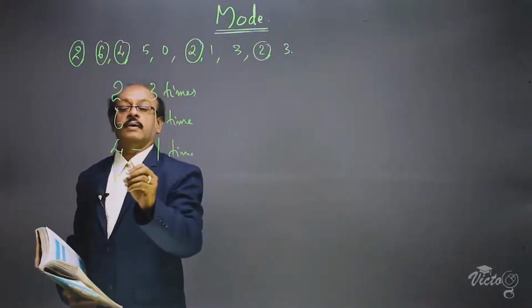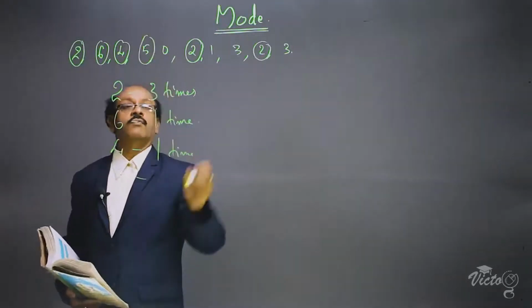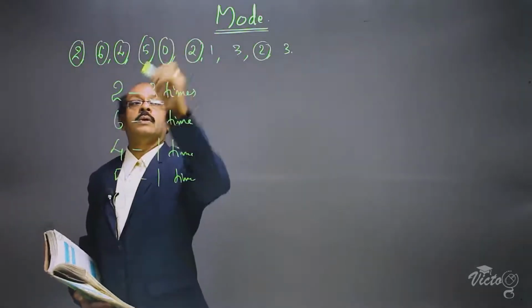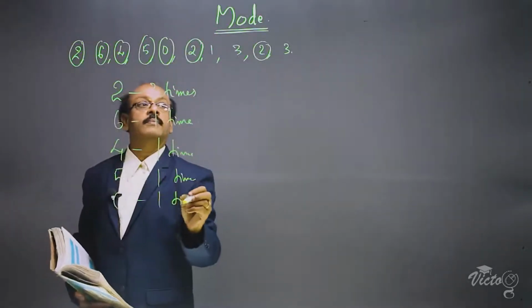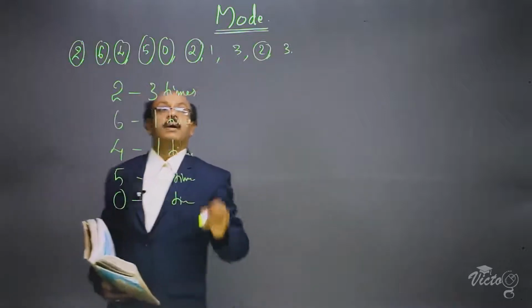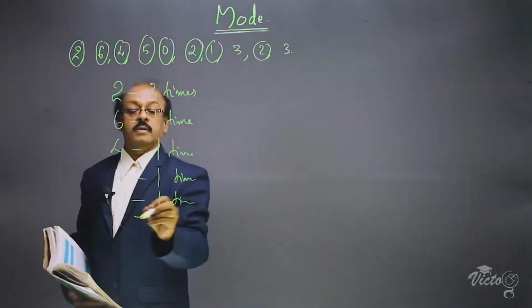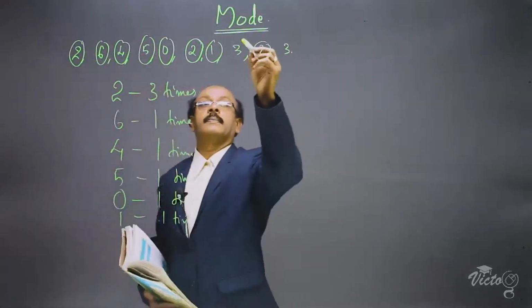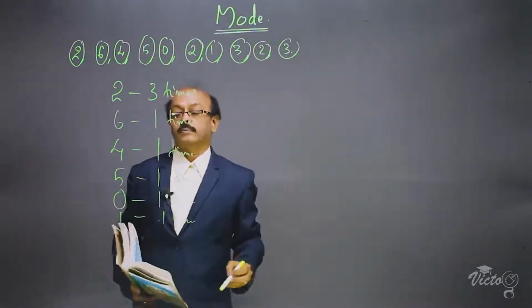Then 5, occurring only 1 time. 0 is occurring only 1 time. Now 1, 1 time, and 3, 2 times.